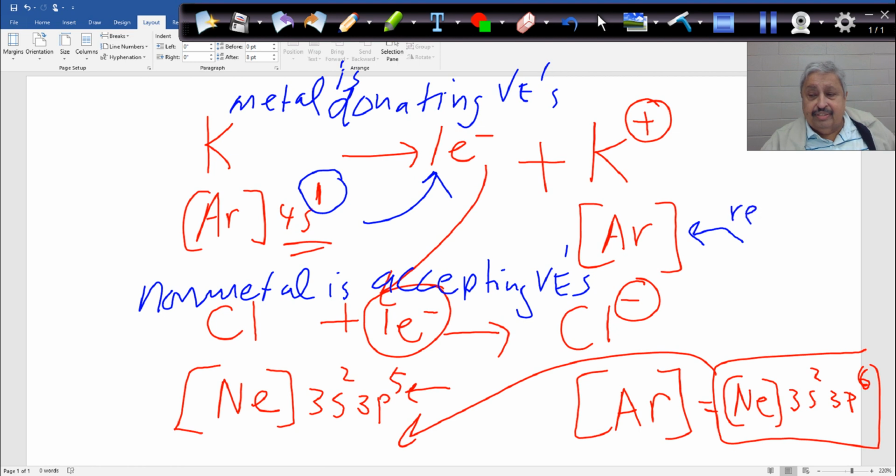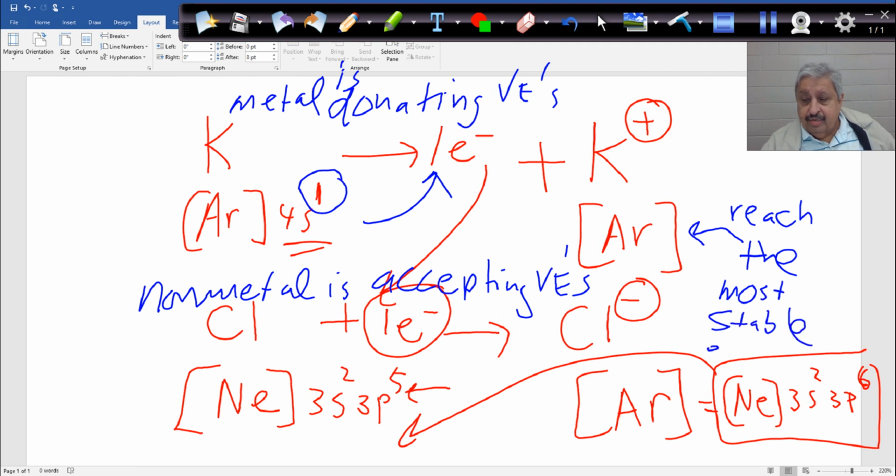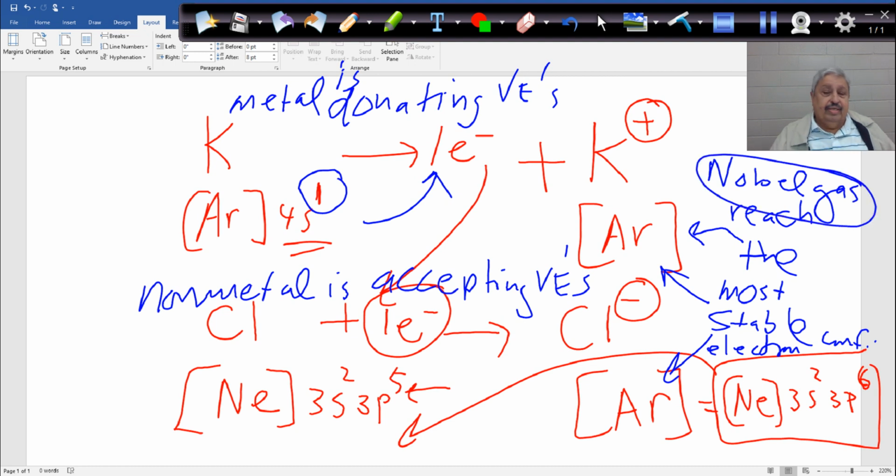They want to reach the most stable electron configuration, which is the noble gas. So they want to always reach the noble gas electron configuration. Are you following me here?